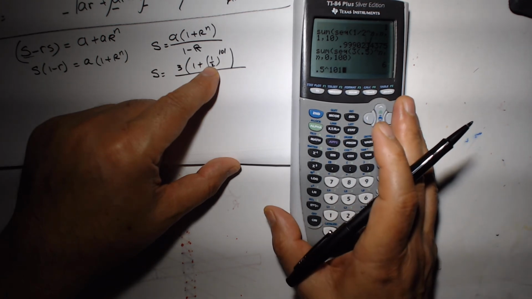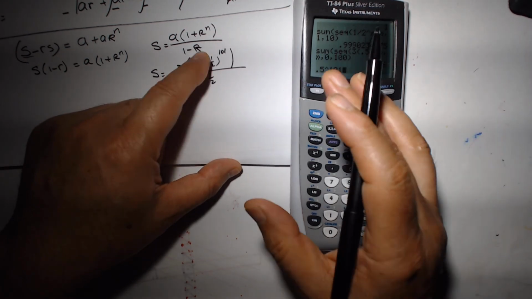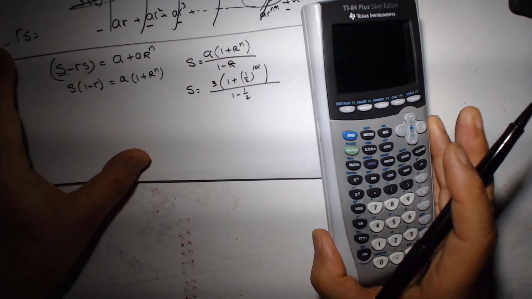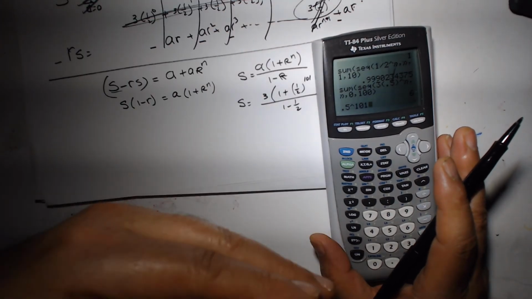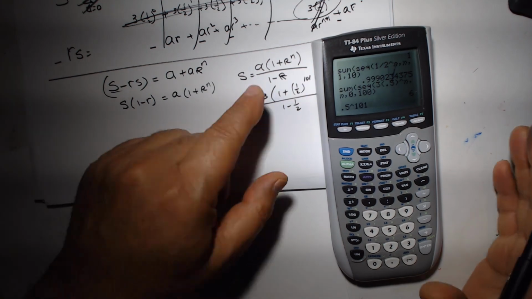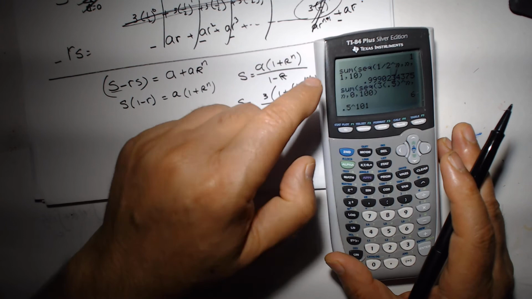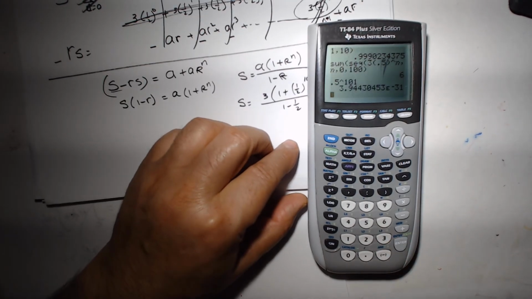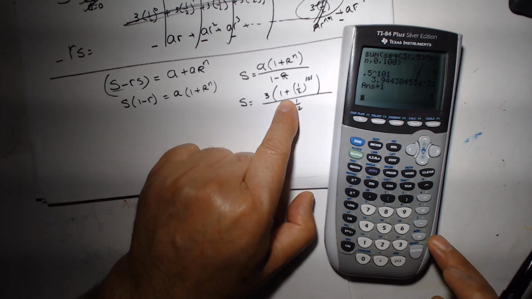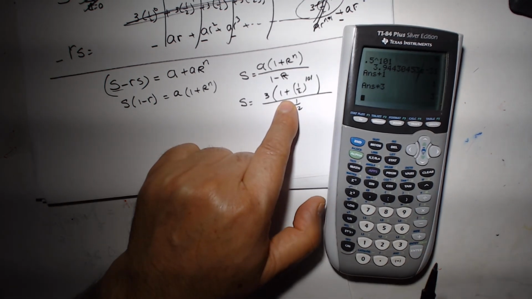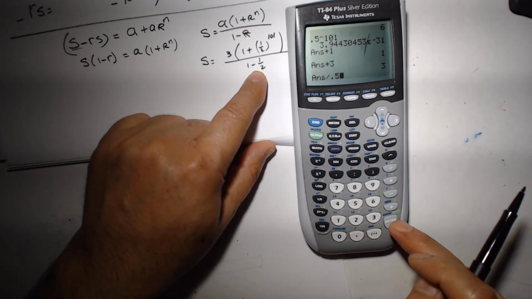Remember, right now n started from 0 and goes all the way to 100, so I have 101 items, because 0 is included. That's this, plus a 1, times a 3, divided by 1 minus 1/2, which is 0.5.